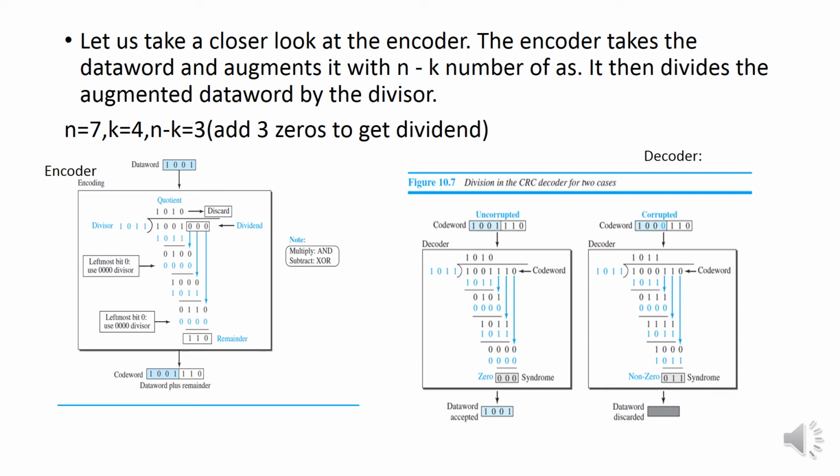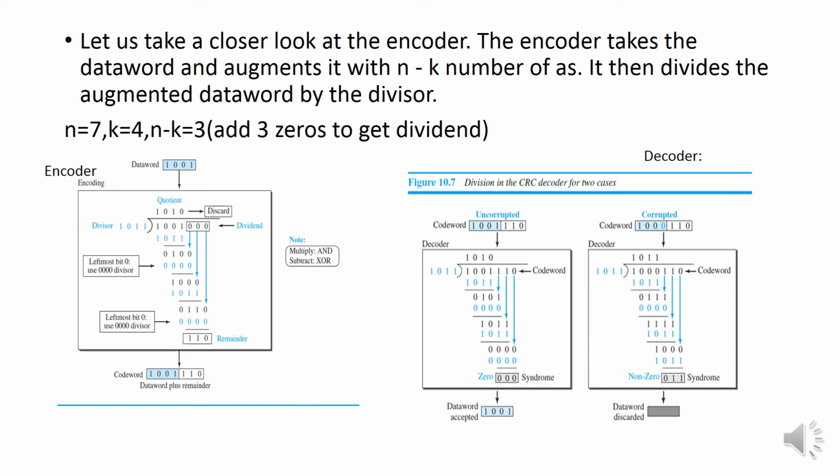If you multiply the divisor with 0, you get all zeros. Once again the subtraction is the XOR operation: 0 XOR 0 is 0, 0 XOR 0 is 0, 1 XOR 0 is 1. Now take the next bit, so the new value becomes 1000.